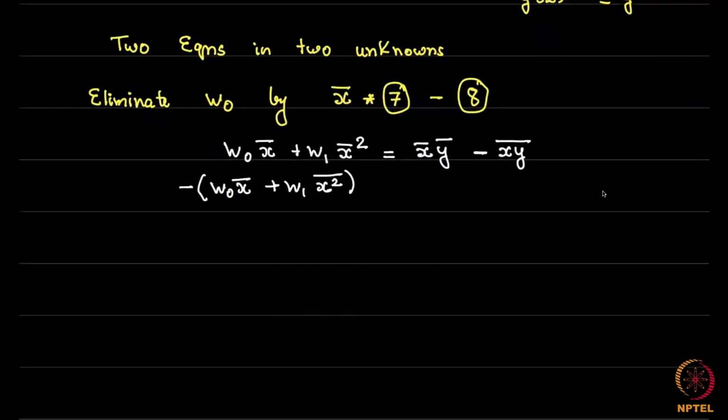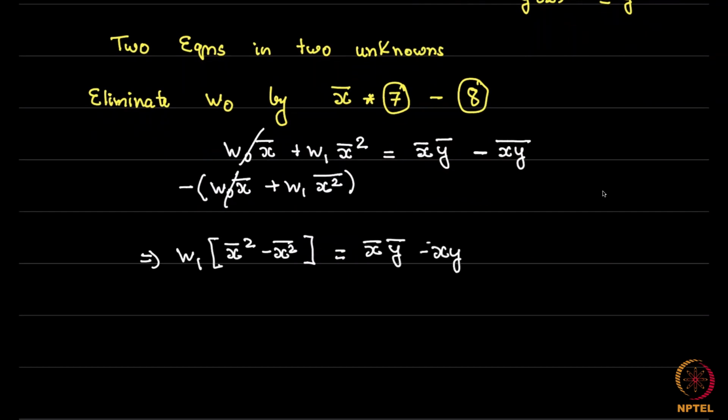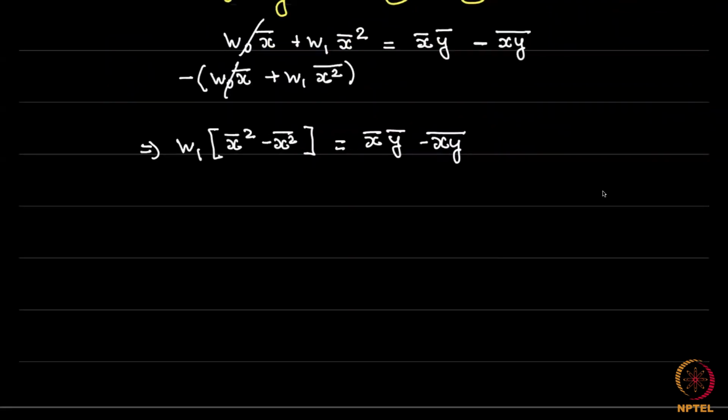So these two terms cancel out. So you get W1 times x bar square minus x square bar equal to x bar y bar minus xy bar.